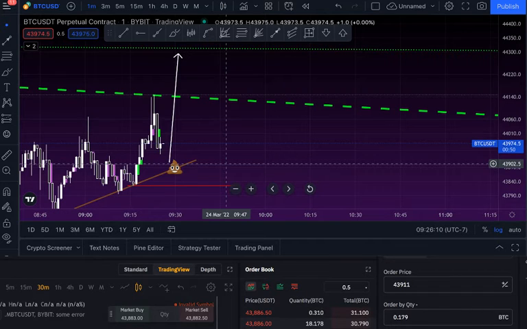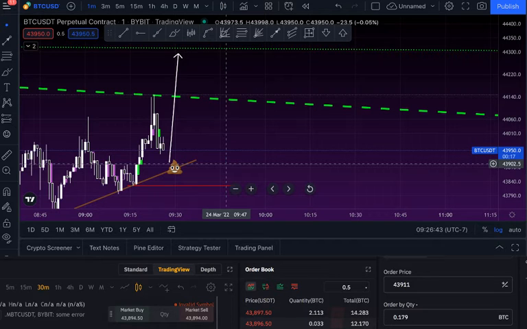Crypto market's not looking the greatest. A lot of coins taking a beating while Bitcoin pumps. Looks like the dollar index, DXY, is about to go up again, probably to the 99, 99.2.